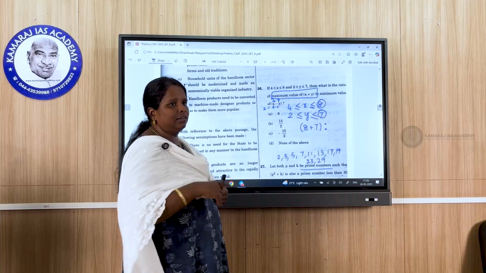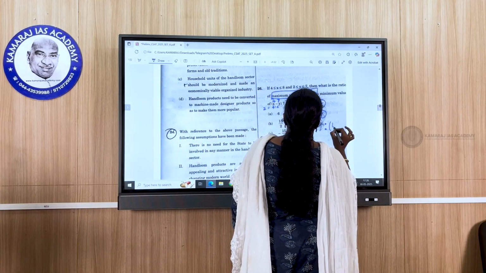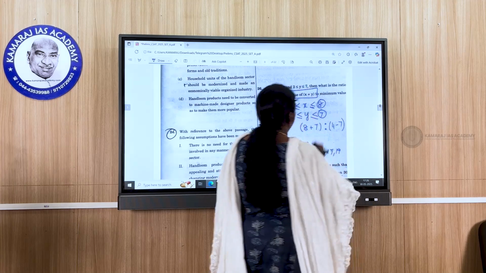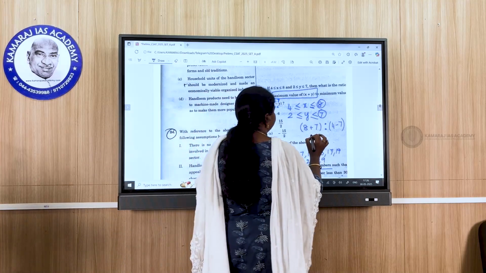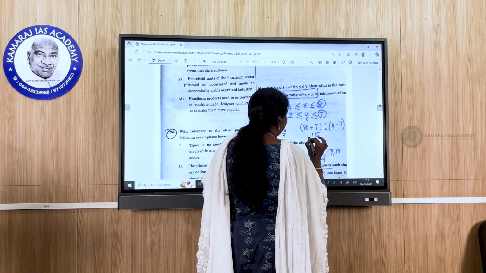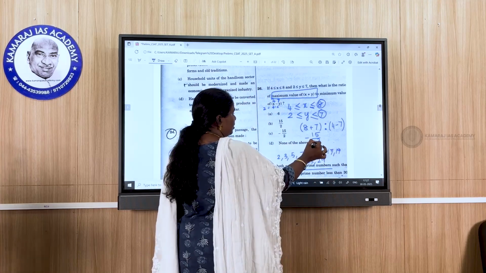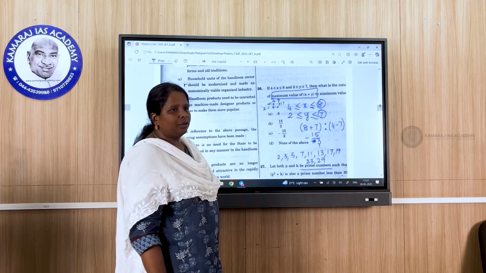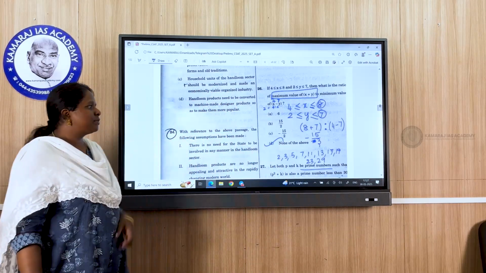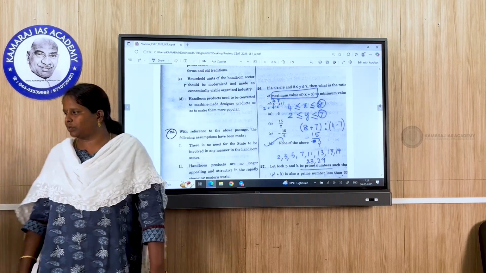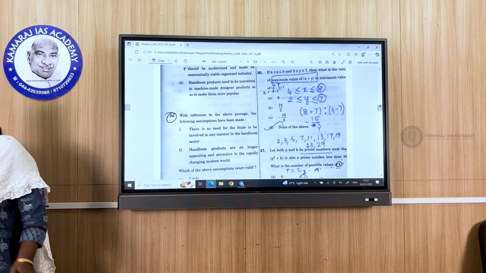That is less than 2. So 4 minus 7. Right? So my answer is 15 by 3. That is a value, right? So none of the above. Maximum value of x plus y to minimum value of x minus y. So the answer is none of the above.